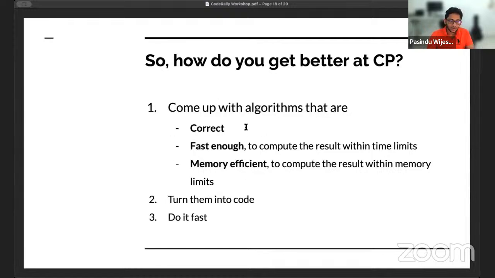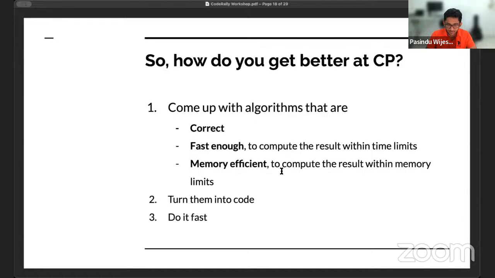When I say coming up with algorithms, that does not have to be writing pseudocode. It means that in some way, through your mind or by drawing or writing down the steps in some high level form, drawing diagrams or whatever it is, when you see a problem you need to be able to come up with an algorithm that is correct, fast enough, and memory efficient to solve that problem.